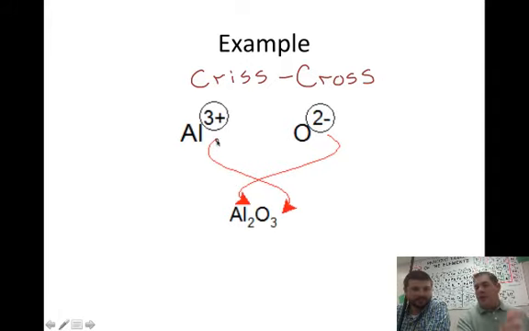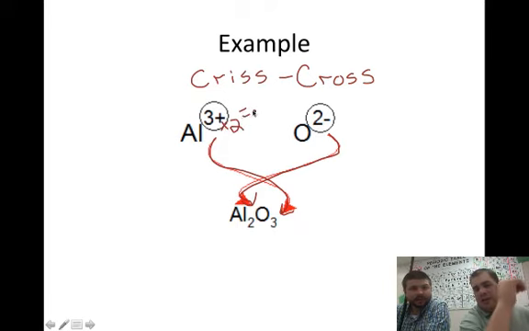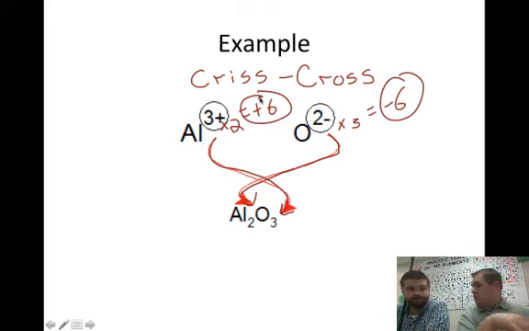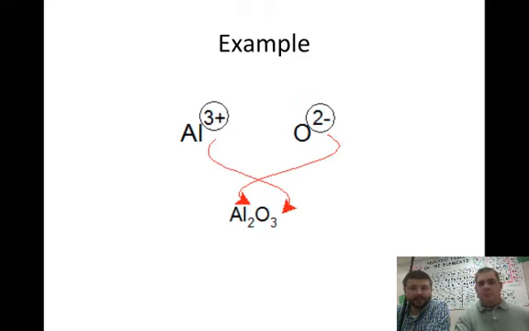Take the 3 from aluminum and put it below oxygen as its subscript, and the 2 from oxygen below aluminum as its subscript. Now, you've got 2 atoms at +3, which equals +6, and 3 atoms of oxygen at -2, which equals -6. So we've got a neutral compound. We didn't have to do a whole lot of work, just crisscross, and we had a valid formula.